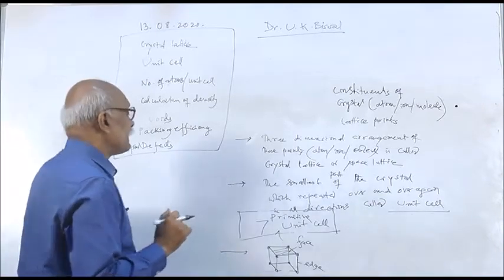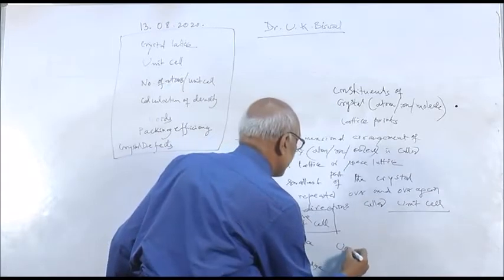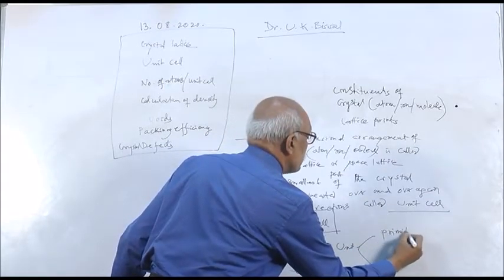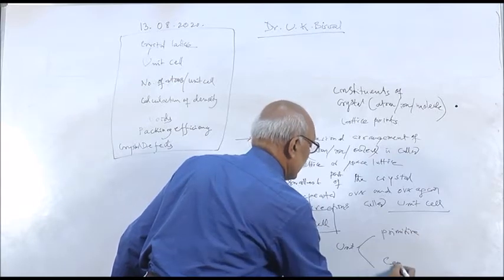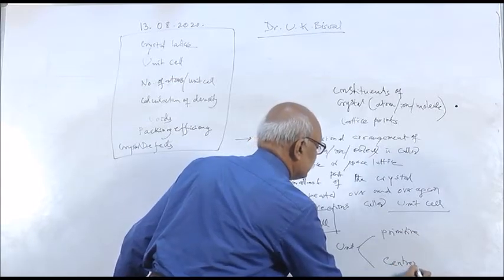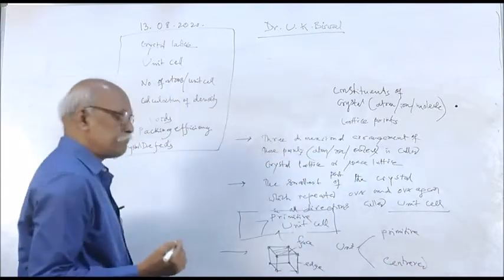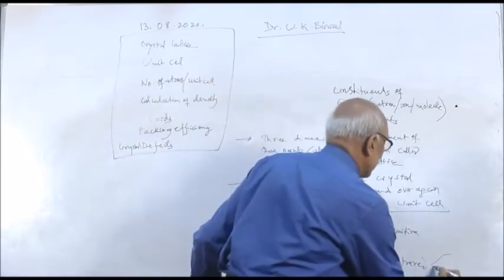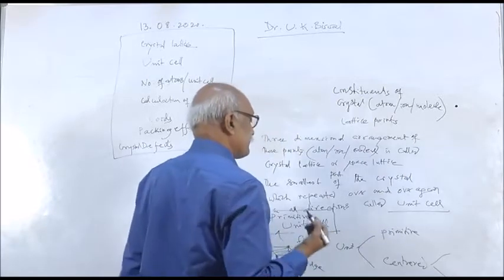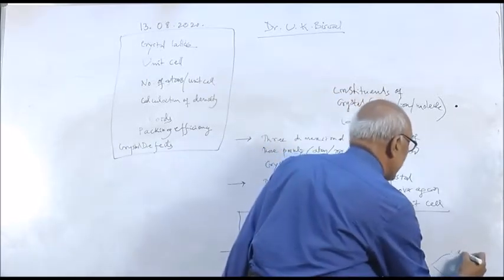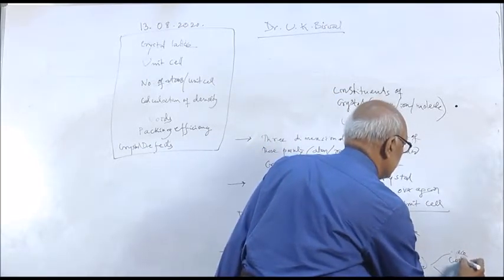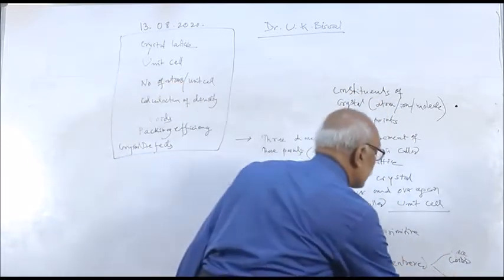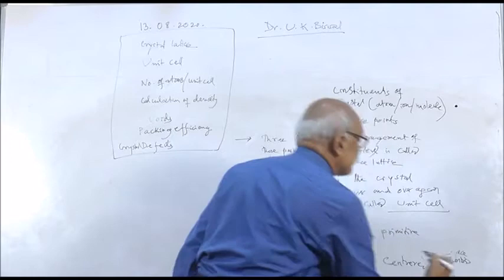Another type of unit cell you can call it: one is primitive, another is centered. If the point is present in the center, there is another classification: face centered, or body centered.